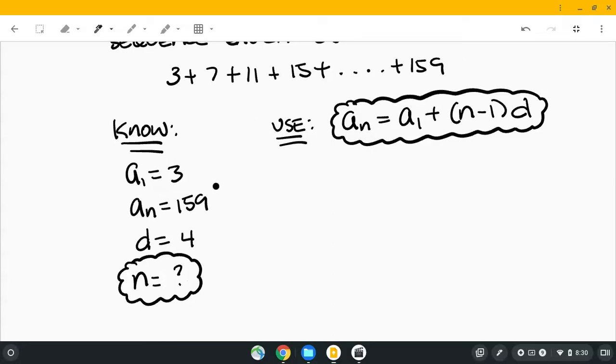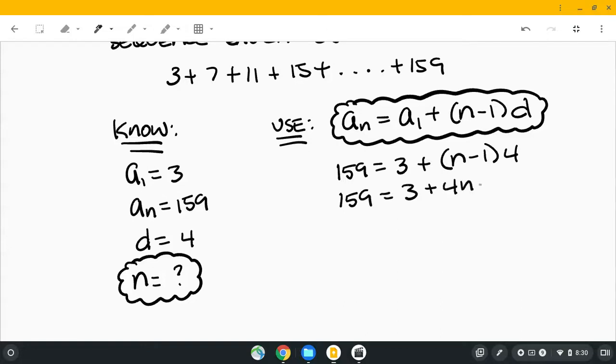Okay, an is 159, a1 is 3, n we don't know, and d is 4. So 159 equals 3 plus 4n minus 4. 159 equals negative 1 plus 4n. 160 equals 4n.